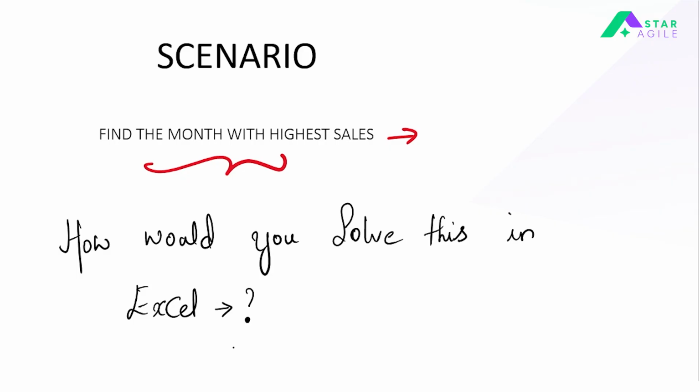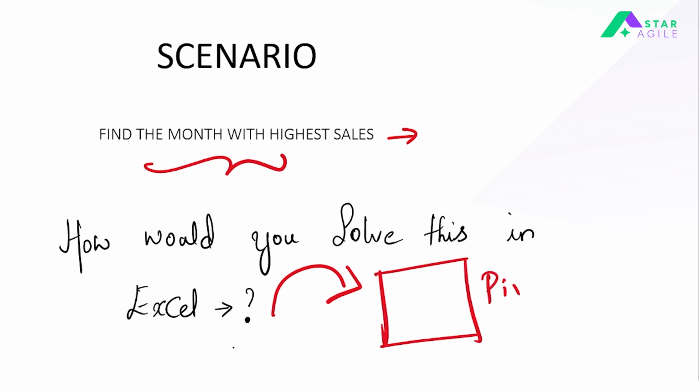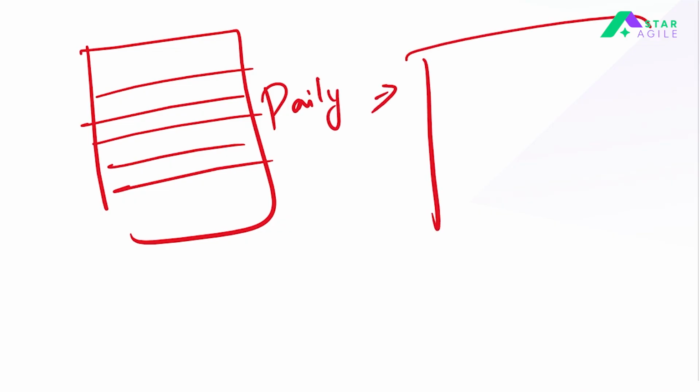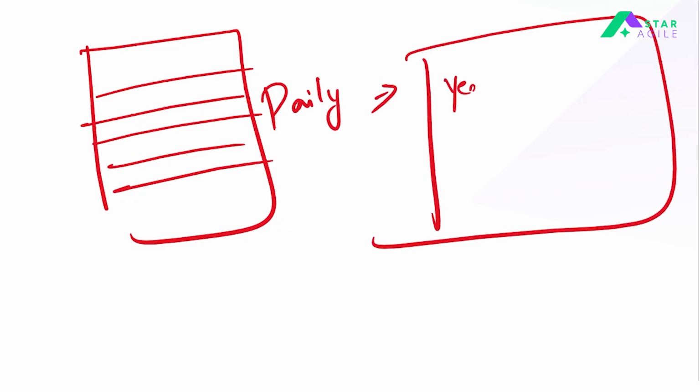So think of it this way. Given that you're already familiar with Excel spreadsheets, how do you think you will come up with a solution? What you will actually do is build a pivot table, where you will be converting these daily sales. Here you basically have daily sales, and you have to convert them in your pivot by visualizing them with respect to the yearly, and then you'll go to the monthly.